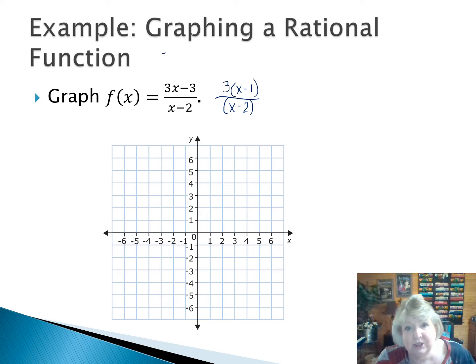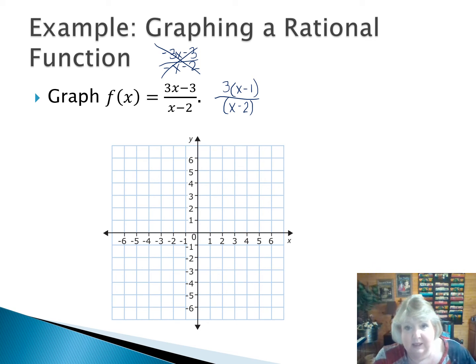If I substitute a negative x, that becomes (negative 3x minus 3) over (negative x minus 2). That is not the same, so it is not even, and it's not the opposite because that would have to be plus 3 and plus 2 to be opposite. So it's neither even nor odd. That's not going to help me much at all in the future.